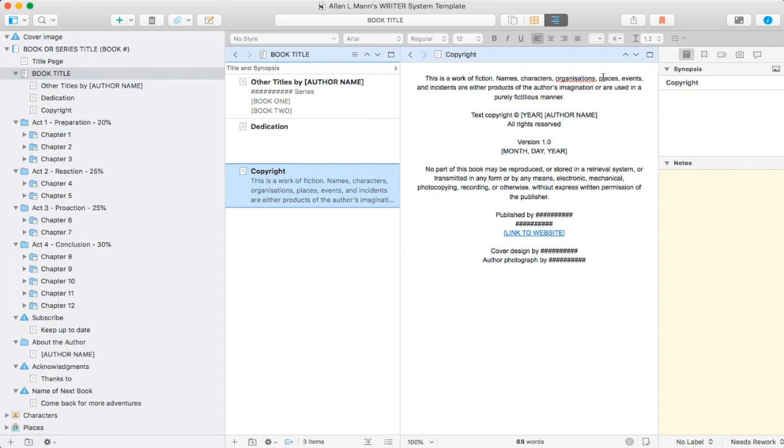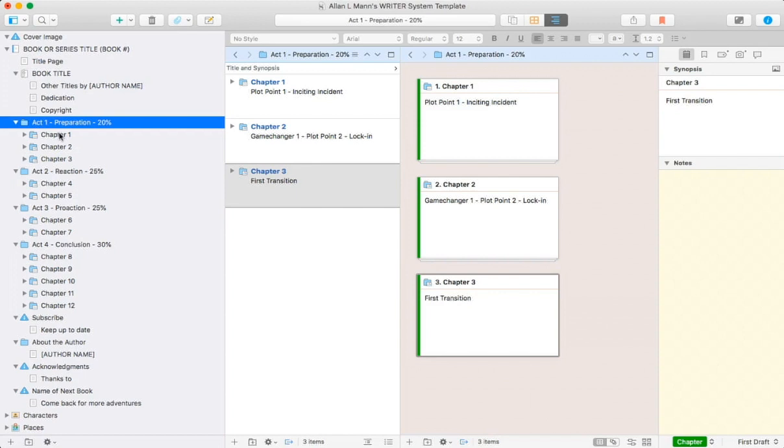The UK English spelling is being highlighted versus the US, so make sure that it works for you. We then get into Act 1. Again, I've repeated the percentage. You can change this up to word count, for example, whatever works best for your workflow.